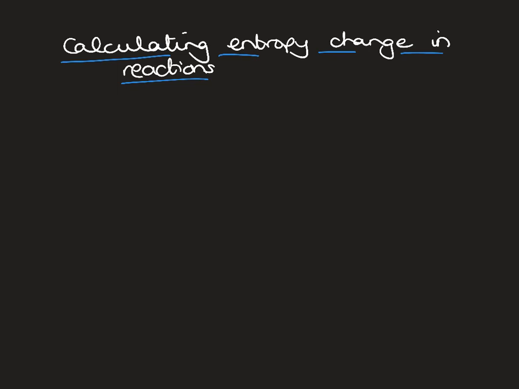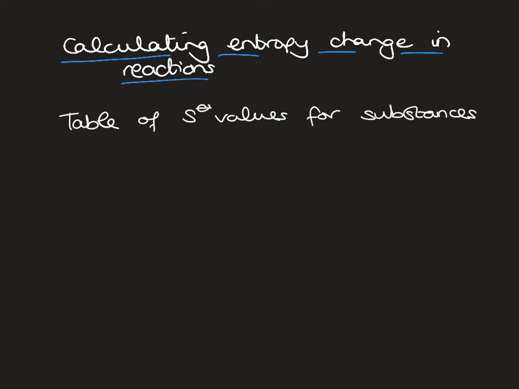Another question you could be asked is to calculate the entropy change for a particular reaction. So you might get a table of data which has S values for some substances. And overall, you just need to remember that the change in entropy is equal to the sum of the S of the products take away the sum of the S of the reactants.